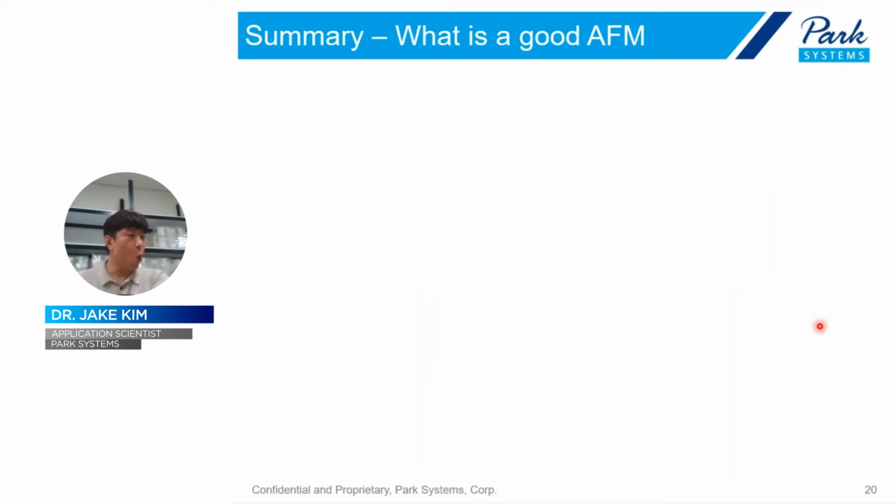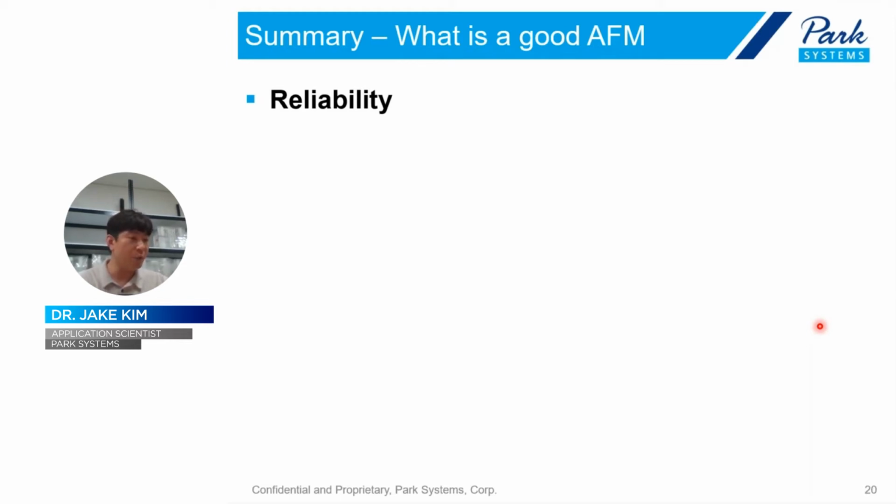So to sum up, what is a good AFM? Of course, you need to be able to trust your equipment: the reliability. In other words, we cannot see any structure, we cannot see anything by our eyes because it is too small.